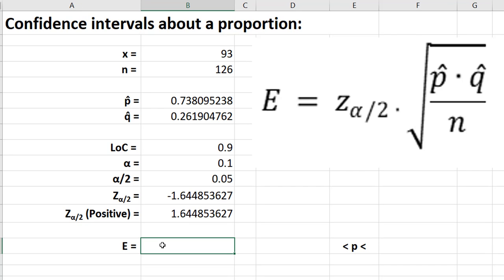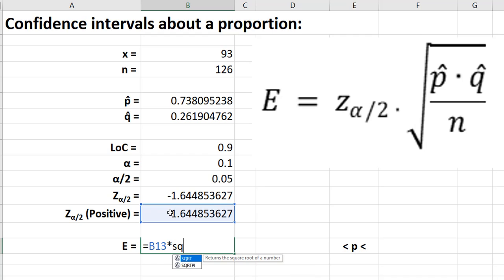E equals, first thing we want to do is the z sub alpha over 2 positive. So that will equal, I'll click on the cell reference that contains that, times, now we haven't discussed the square root function yet. Another canned function, it's built into Excel, and it's a pretty simple one.